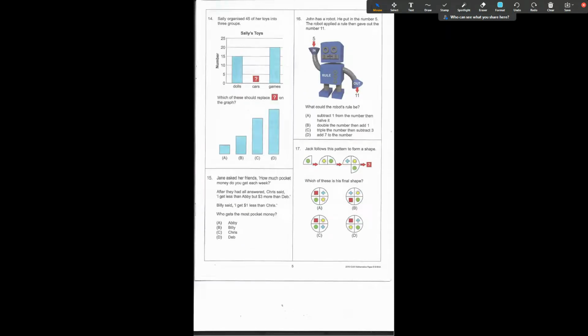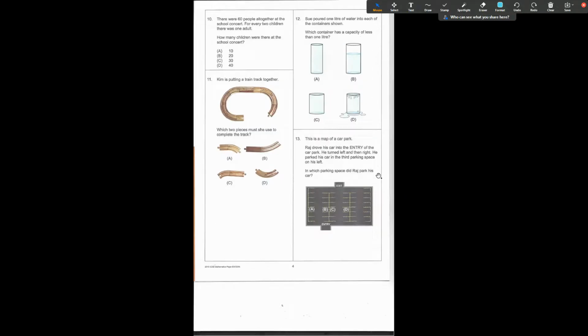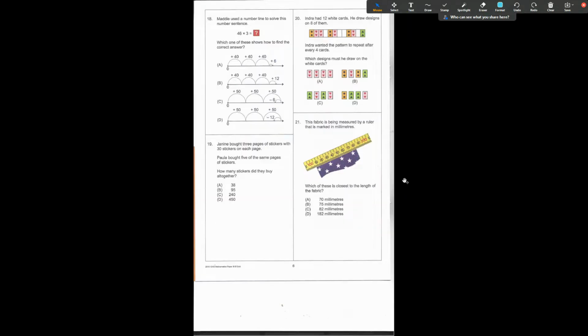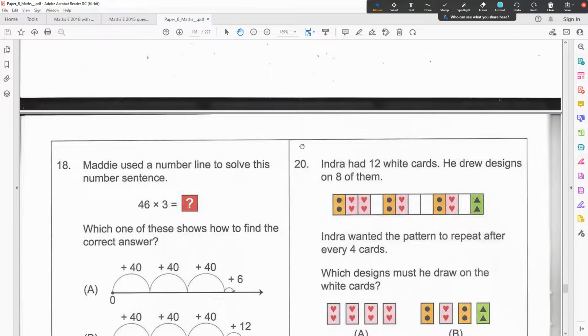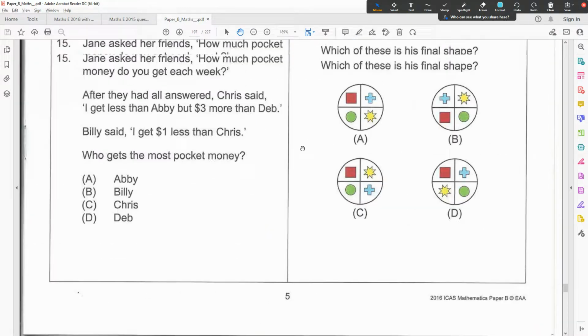Okay. Let's have a look at this one over here. If you can see the screen, I'm going to zoom in. Oh, there we go. That's better. So we're looking at question number 17.